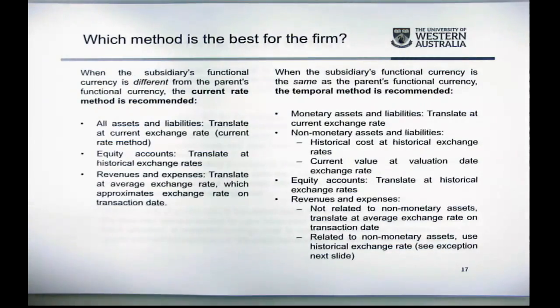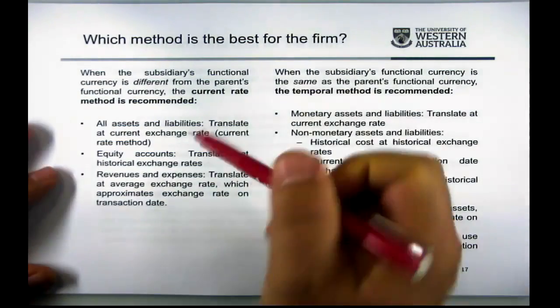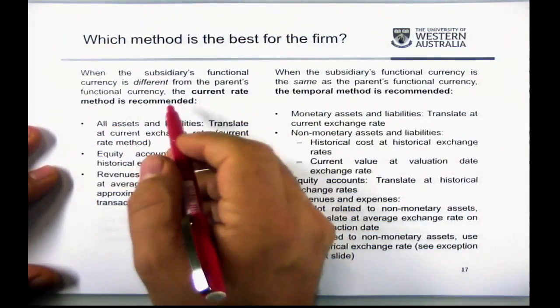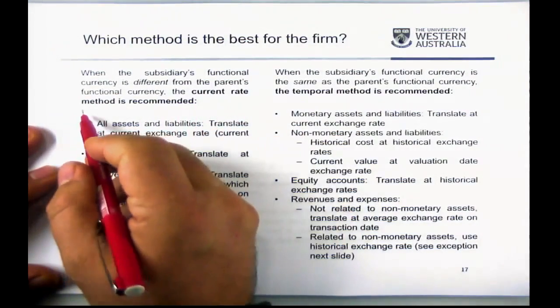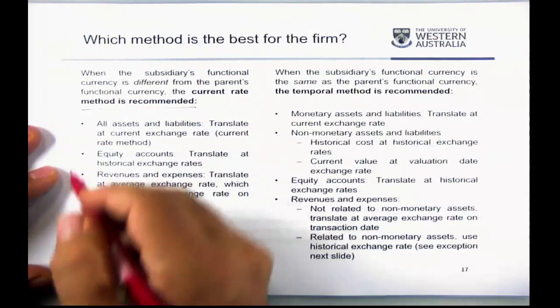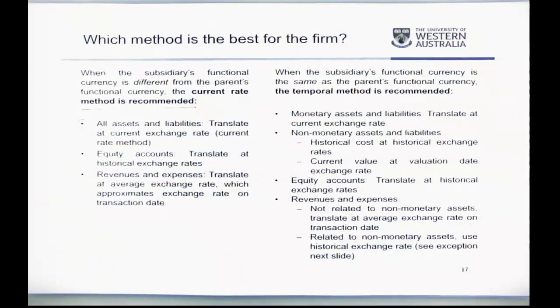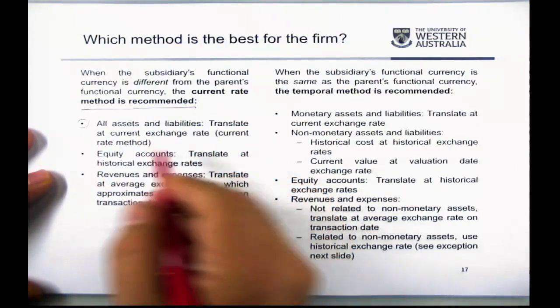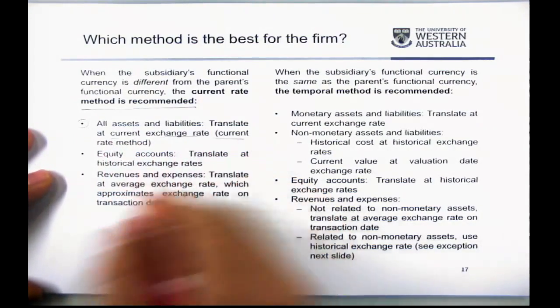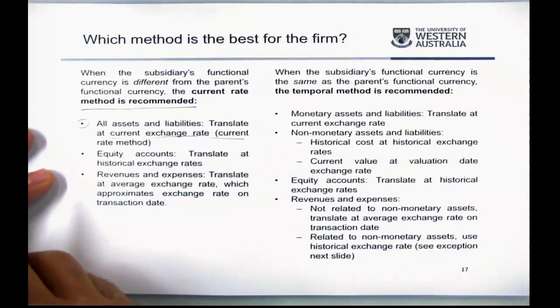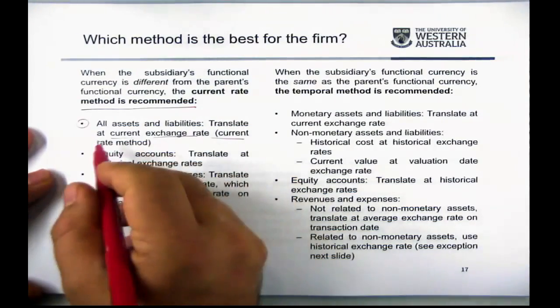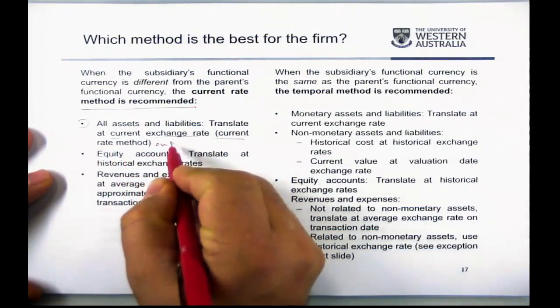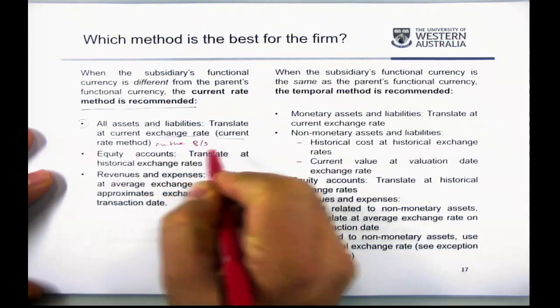Now, which method is the best for the firm? Well, it depends. When the subsidiary's functional currency is different from the parent's functional currency, the current rate method is recommended. Again, remember, under the current rate method, all assets and liabilities are to be translated at the current exchange rate prevailing on the balance sheet date.